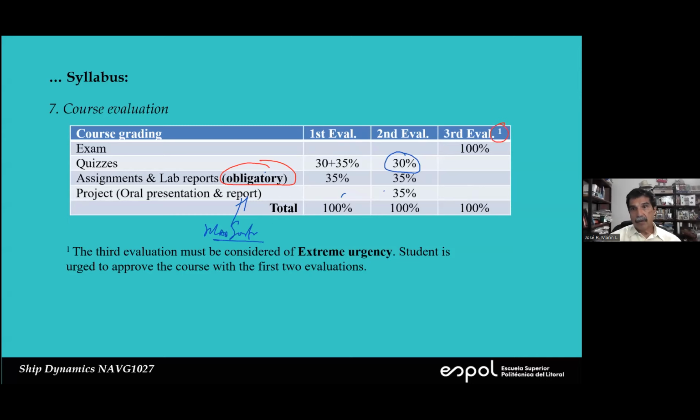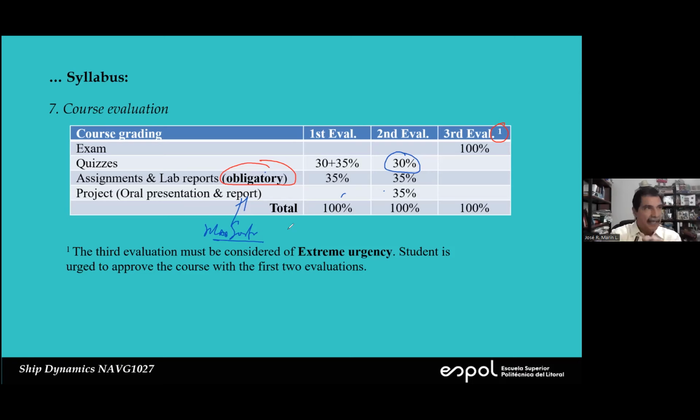And of course, the third evaluation, it's like it doesn't exist. It's there because the regulations of the university force me to do it, but think that it doesn't exist. And what's the reason why I do that? Because when you graduate from this university and somebody asks you for a calculation or a project, when you turn in your project, think that it has to be very well reviewed.